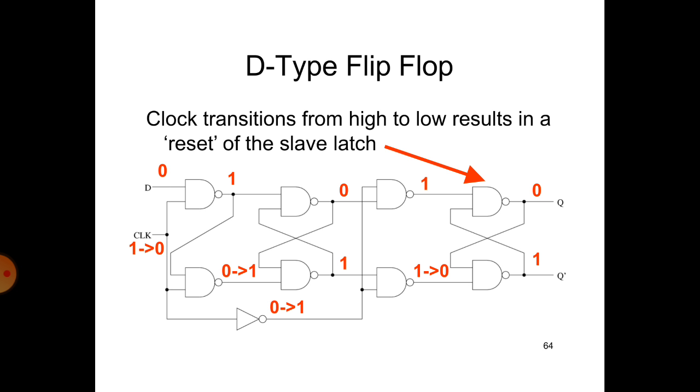The Q output will be 0. The Q output will be 0 means that will be given to the input of one of the NAND gates. Then Q bar will be changed. What will be the Q bar? Q bar will be 1. So that will be given to the input of the next NAND gate. So what will be the Q? 0. So this is a change in slave latch.